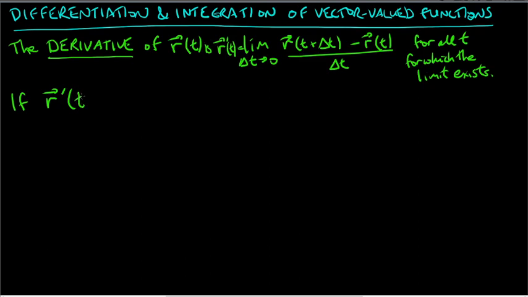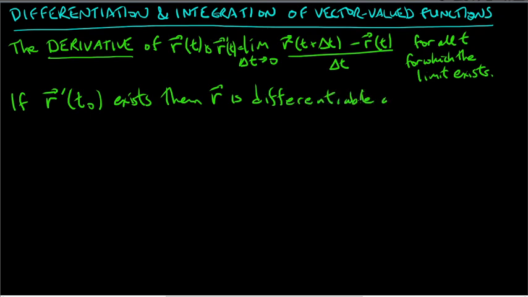Right, so if r prime of t0 exists, then we just say that r is differentiable at t0, at that particular value of t.